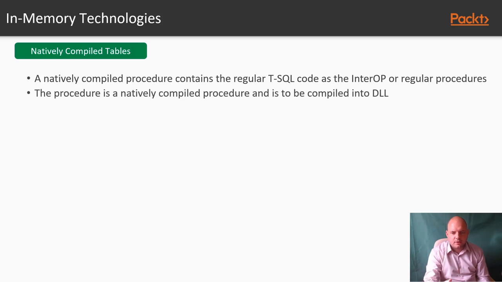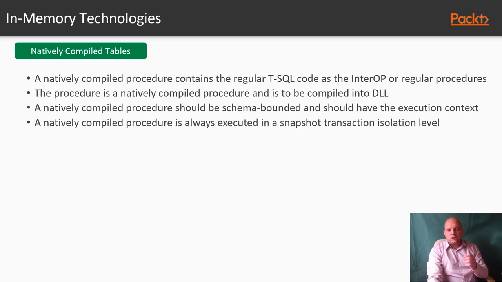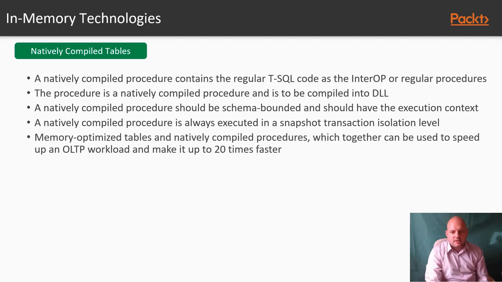The term native compilation defines that the procedure is to be compiled into a DLL. A natively compiled procedure should be schema bound and should have the execution context. A natively compiled procedure is always executed in the snapshot transaction isolation level. Memory optimized tables and natively compiled procedures together can speed up an OLTP transaction database workload and make it up to 20 times faster.